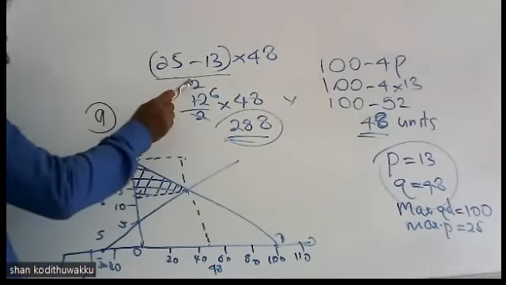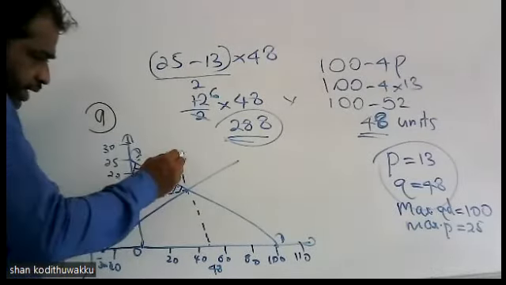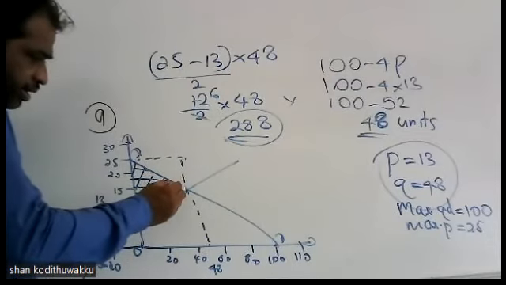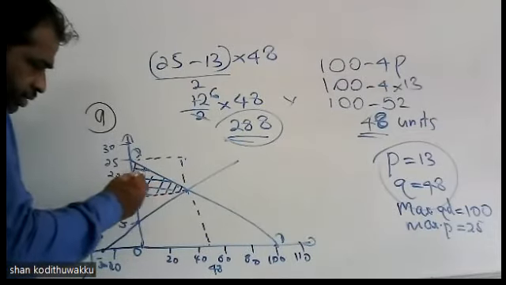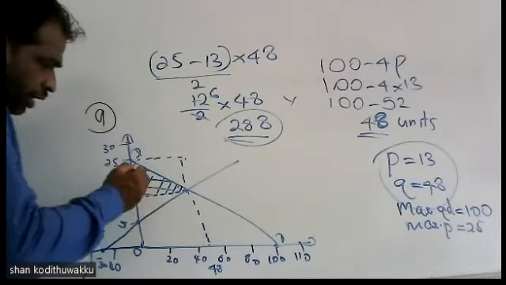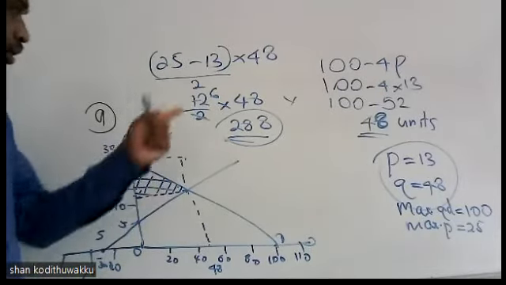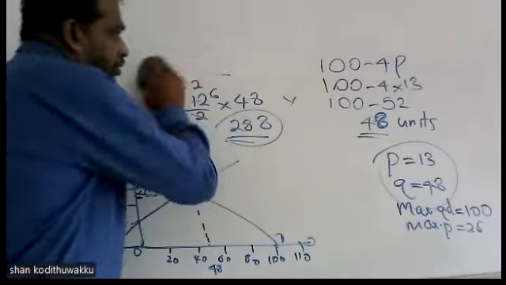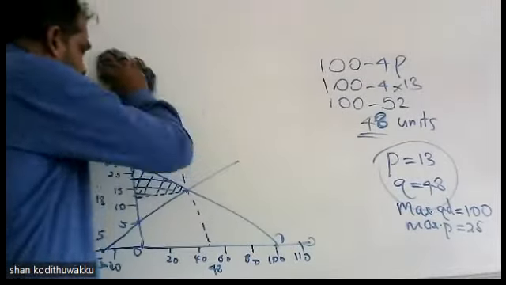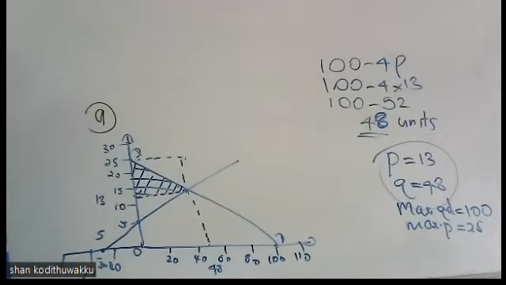Why do you have to divide by 2? Because we take the full rectangle, but our consumer surplus represents only this triangle. That's why we divide by 2. 288. Right.